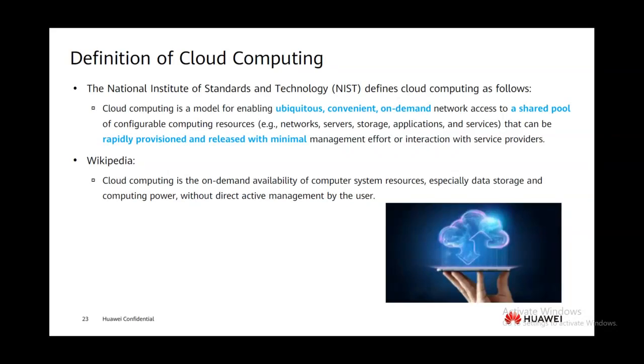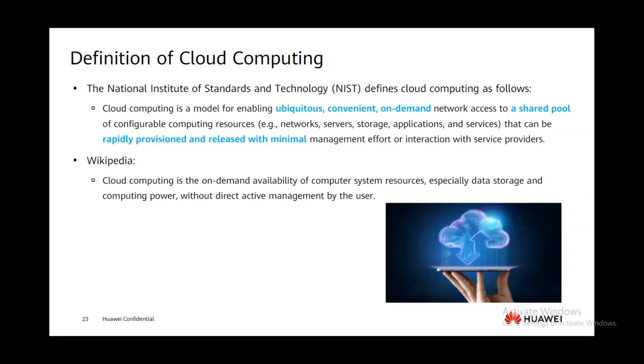According to Wikipedia, I don't like to use Wikipedia as a basis for defining any IT term. Why? Because it's a very dynamic website. A lot of things can happen, and many people can go there and change it. It's edited. However, we saw this definition, which is also very good.